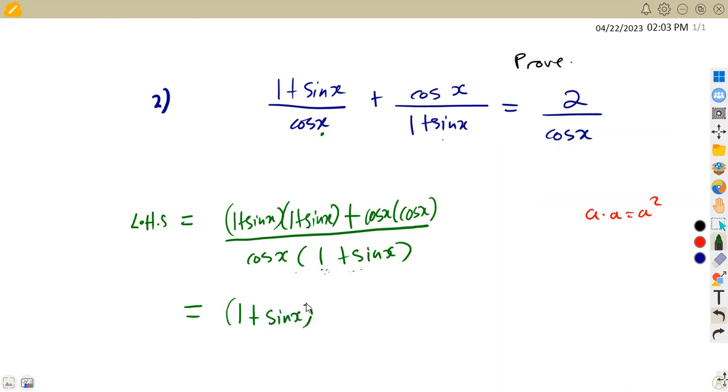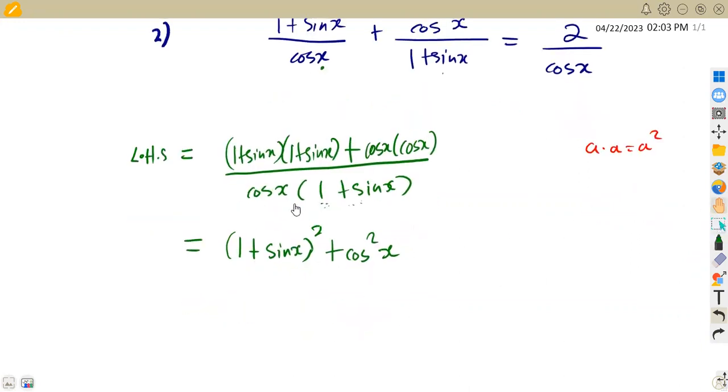The same thing, cos and cos, gives us cos squared x, everything over our LCM.